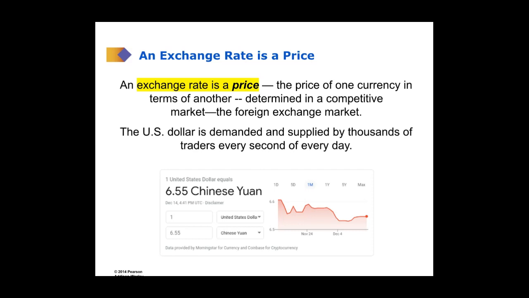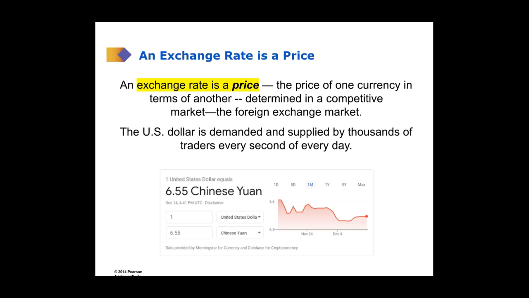And currencies like the U.S. dollar and the Japanese yen and the euro and the Chinese yuan, these are traded by many people every day. There's traders all around the world in markets monitoring and trading all of these currencies.